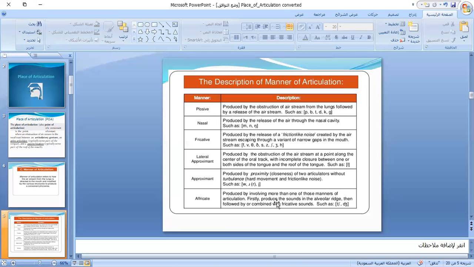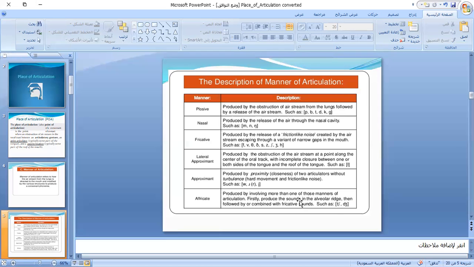Firstly, you produce the sound at the alveolar ridge, like T, which is alveolar, at the ridge of the teeth. Chair, J. T and D are alveolars. Then the sounds ch and j are the others.